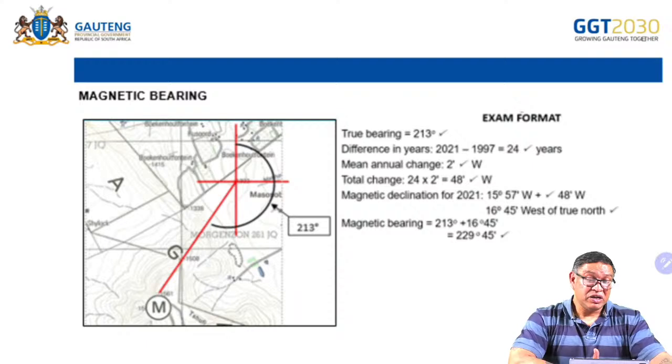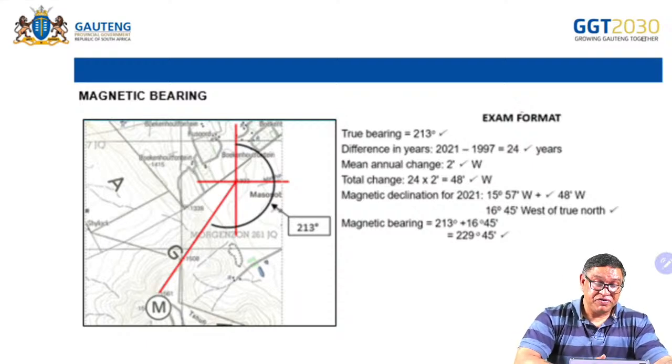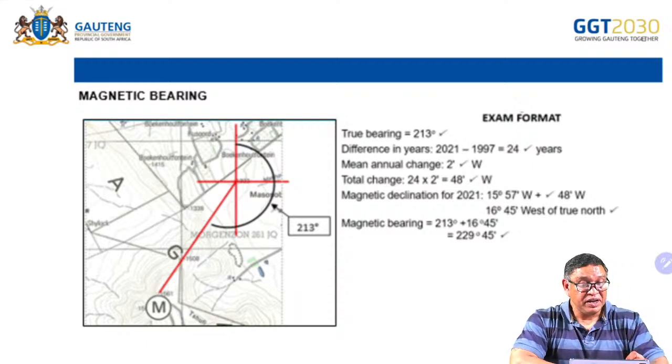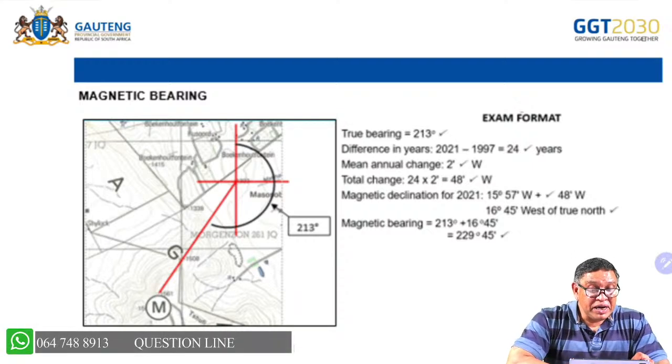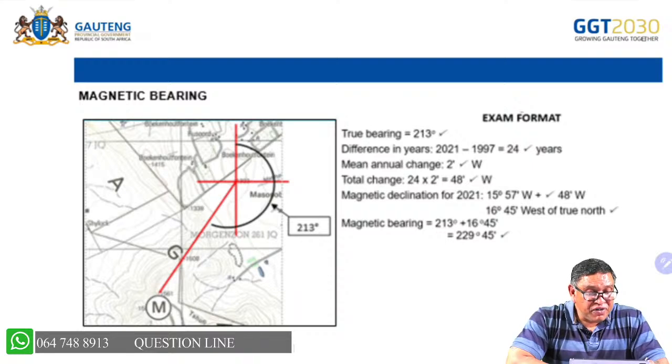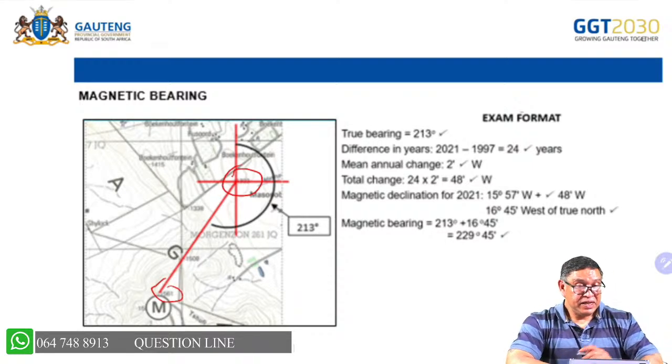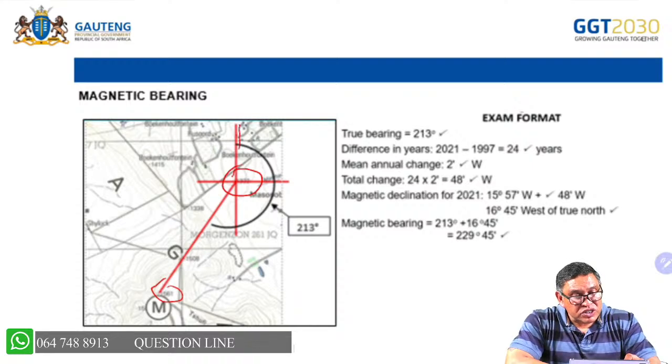The first, I've worked out the true bearing here. So it's fine if I put it there or at the bottom. It said calculate the true bearing or the magnetic bearing of spot height 1561 from spot height 133. I draw my cross on the from point.